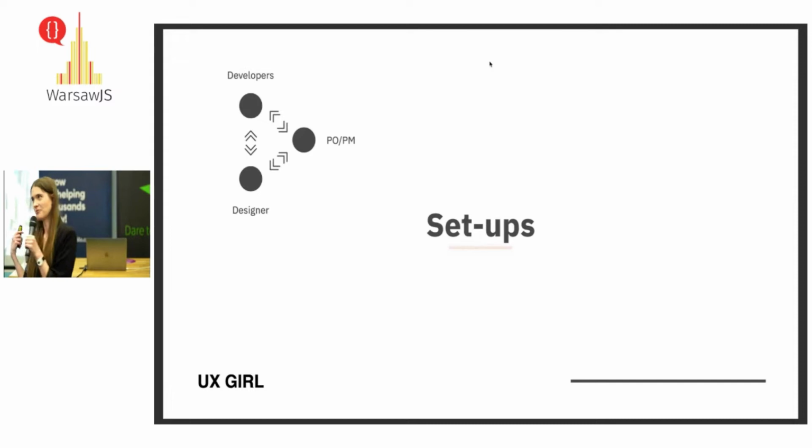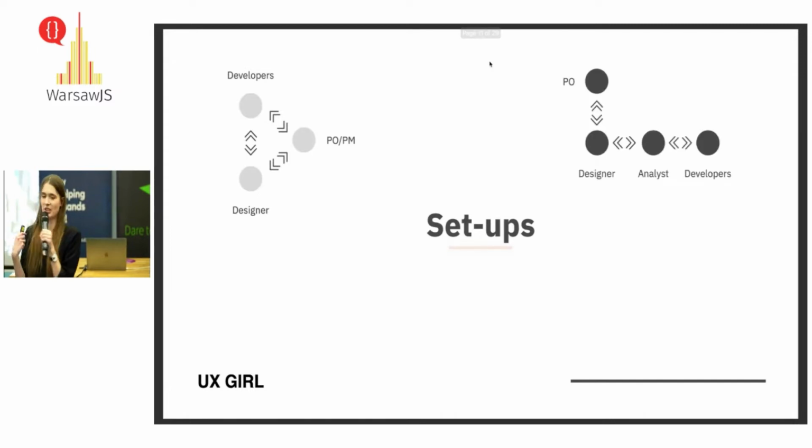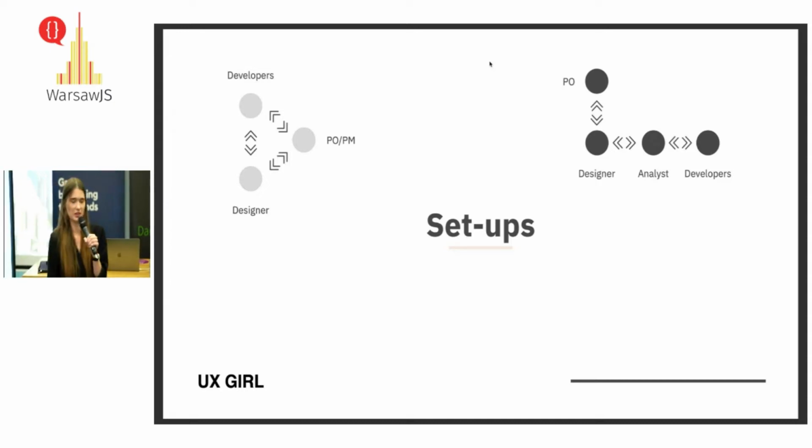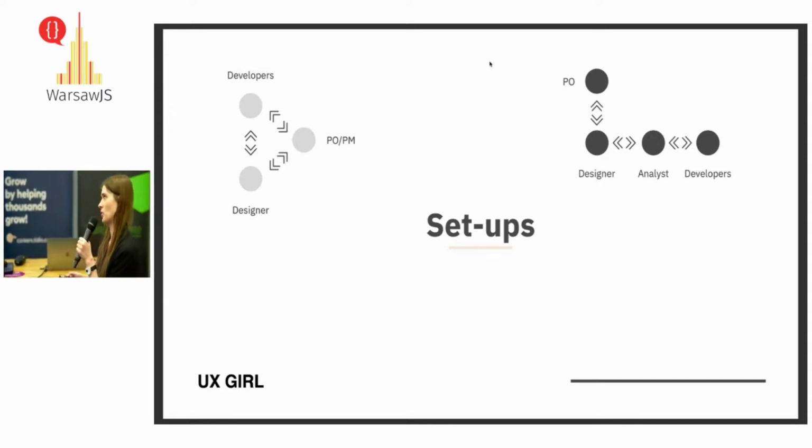But there could be a less ideal situation, and you can have something like this. This situation is quite popular, I would say, in banking projects where you have big documentation and very complex processes that you have to document.